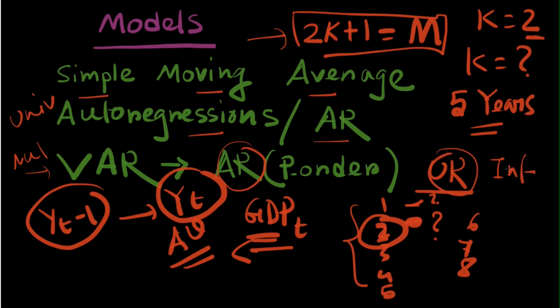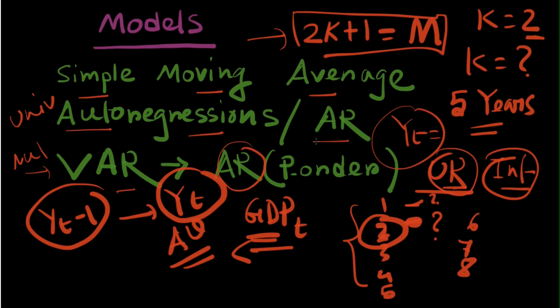So now we have 2 variables in our model, and GDP growth, for instance, is our dependent variable. In that case we can use the VAR model to understand how the past values of unemployment and inflation are causing an effect on your GDP. So that is the VAR model, the multivariate case.